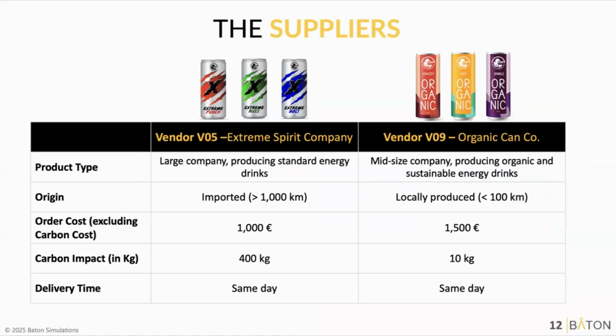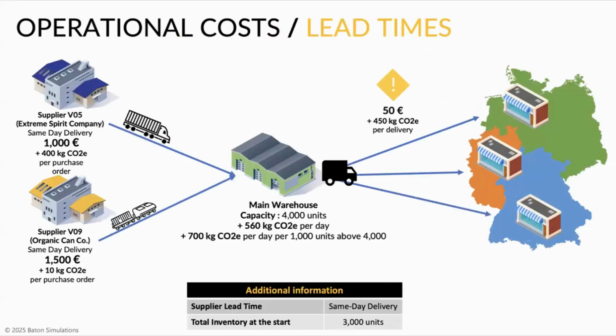These are locally produced. They cost a little bit more, but their carbon cost or sustainability footprint is a little bit lower. So if we were to balance the sales of both, we could gain quite a bit of market demand by leveraging both sustainable and non-sustainable options.